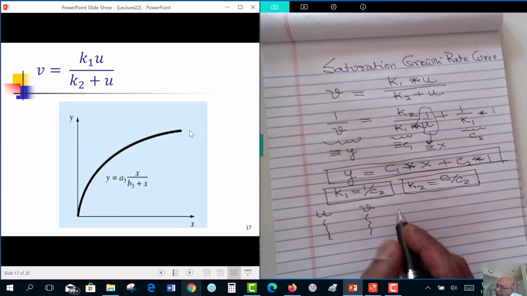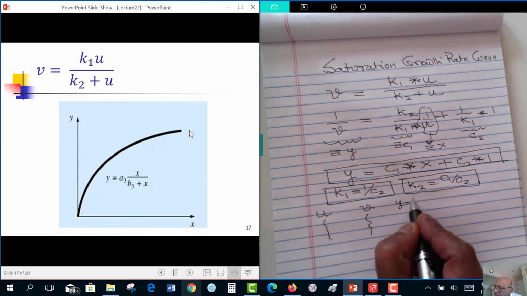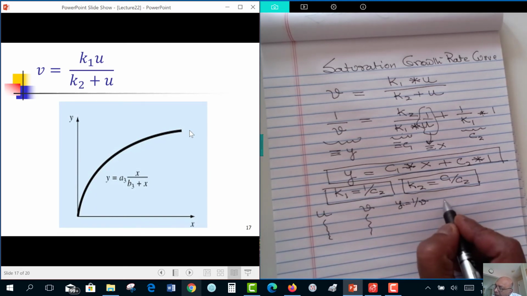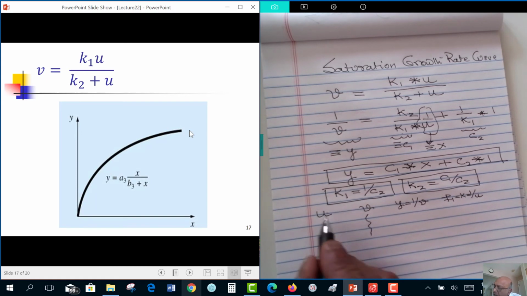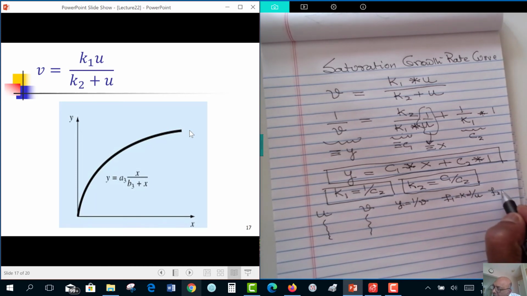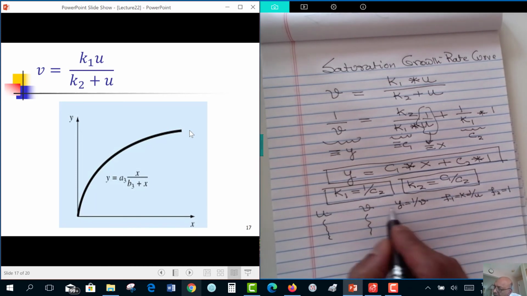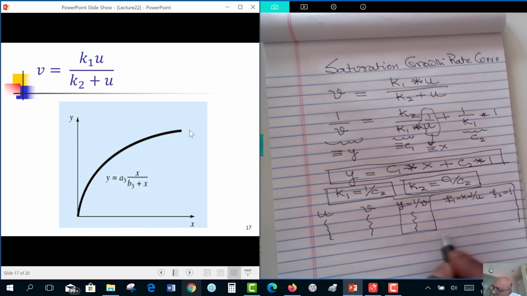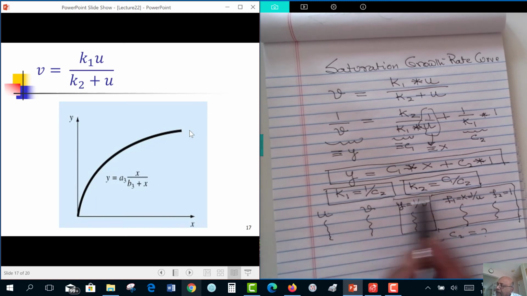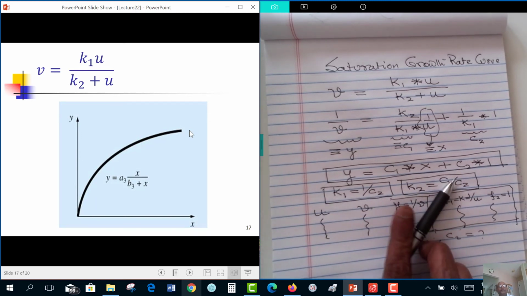We define our Y, which is 1 over V. Our F1, which is equal to X, is 1 over U, and our F2 is just 1. So again, we have our Y, we have our F matrix. We solve for C1, C2, and this is how we'll get K1 and K2.